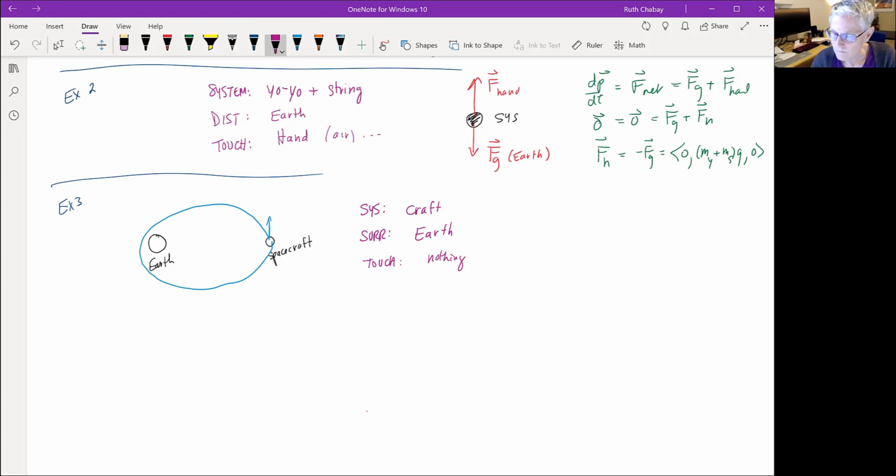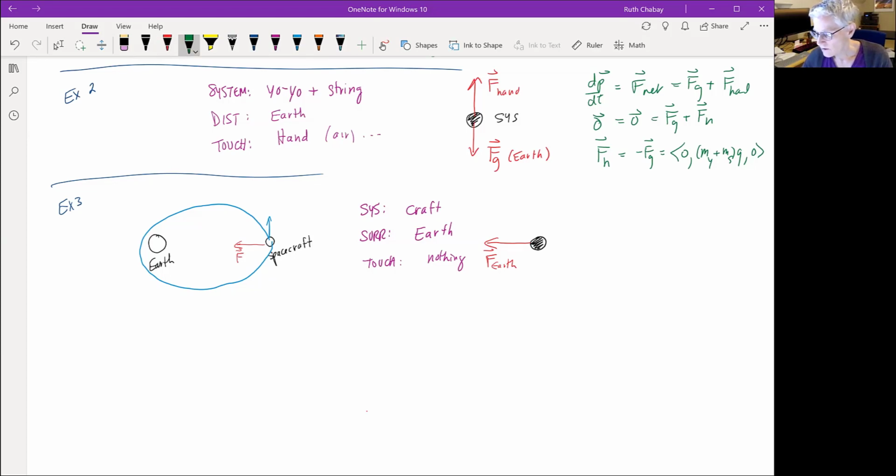And we can draw our free body diagram here, or sometimes this force diagram is called a free body diagram. You'll hear people talk about that. And we know that the Earth exerts a force, it pulls on the spacecraft here. So we know that the force by the Earth is in that direction.